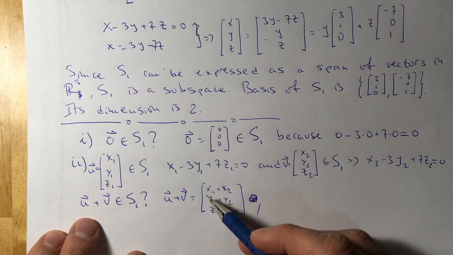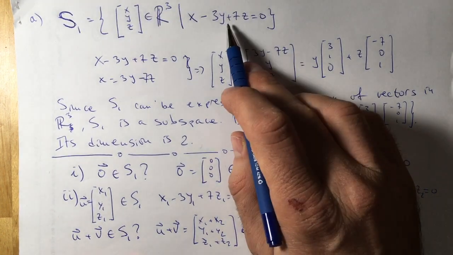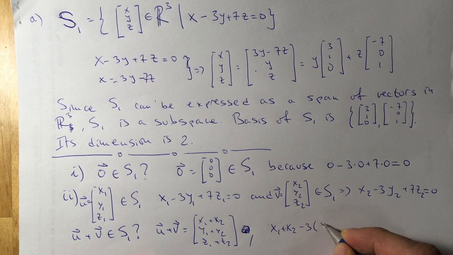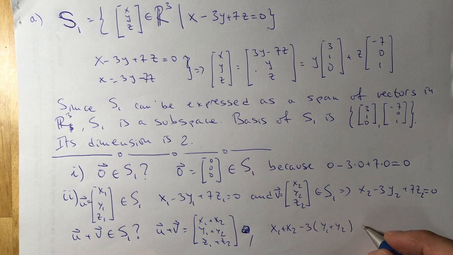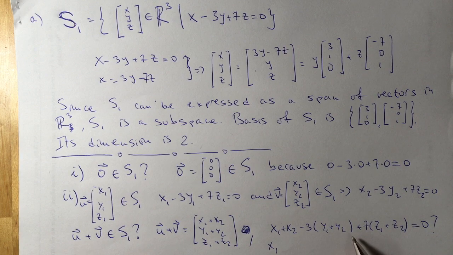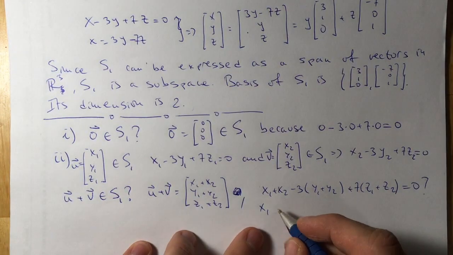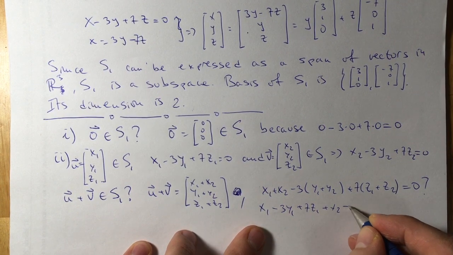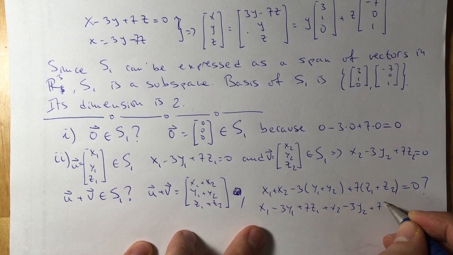Now the question is whether this condition is satisfied for this new vector. That means the question raised is whether x1 plus x2 minus 3 times (y1 plus y2) plus 7 times (z1 plus z2) is equal to 0. And yes, this holds. Why? Because if we drop the parentheses and group them, we have x1 minus 3y1 plus 7z1, plus x2 minus 3y2 plus 7z2.